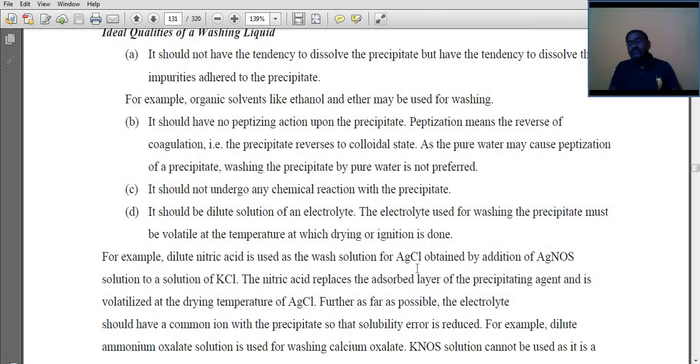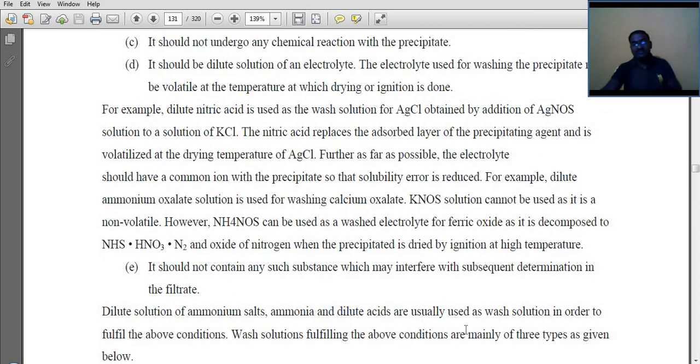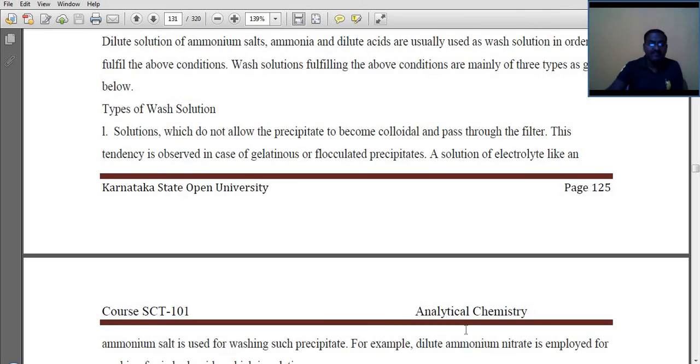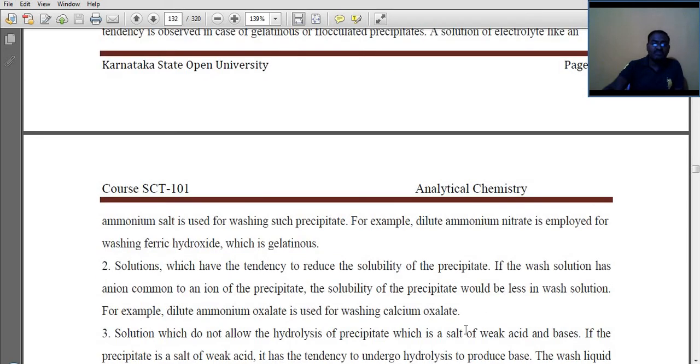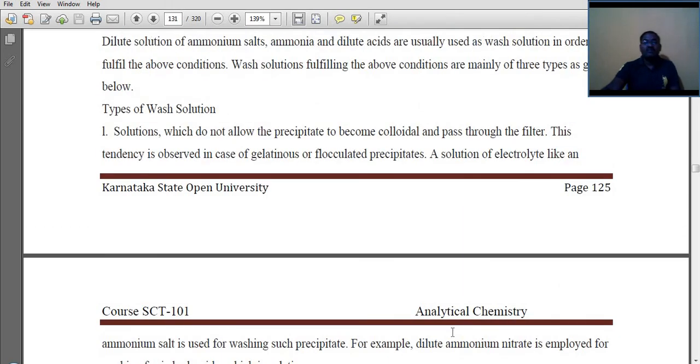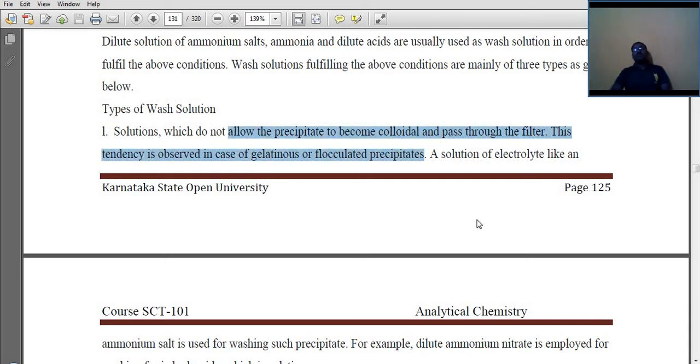It should be a dilute solution of an electrolyte. The electrolyte used for washing the precipitate must be volatile at the temperature at which drying or ignition is done. These are all examples regarding that. What are the types of wash solution? First, a solution which does not allow the precipitate to become colloidal and pass through the filter.